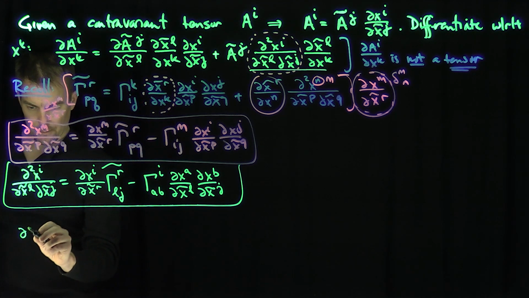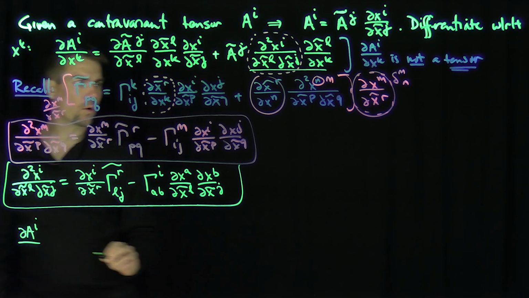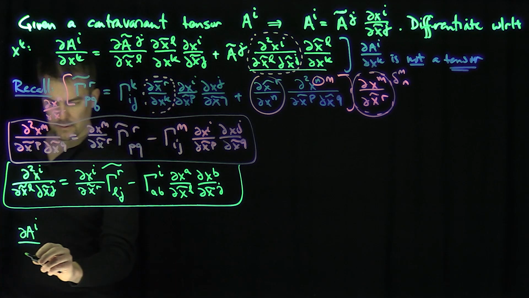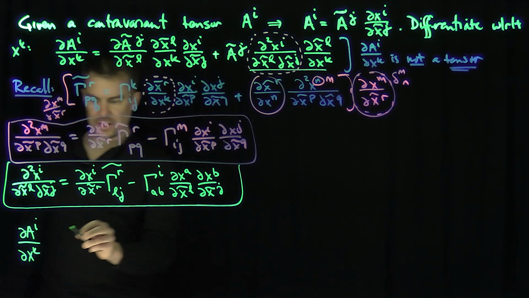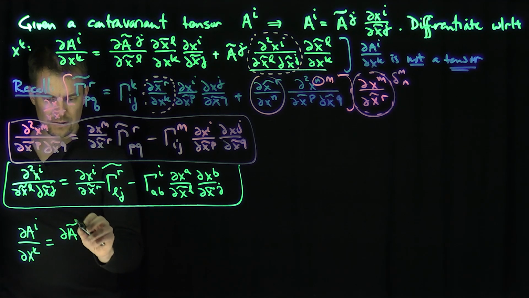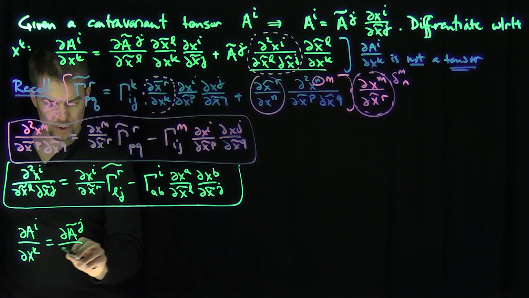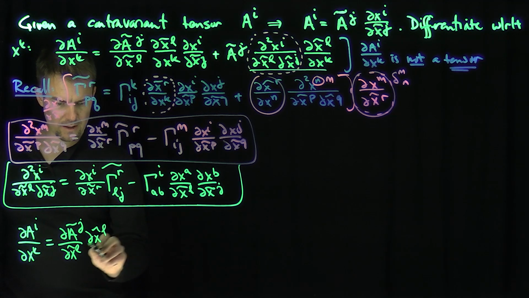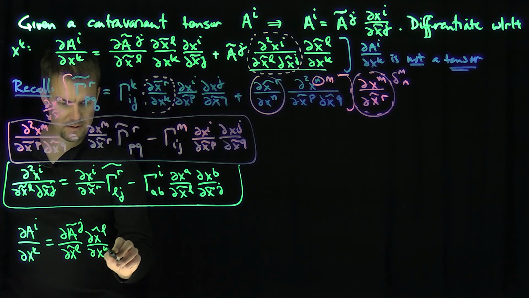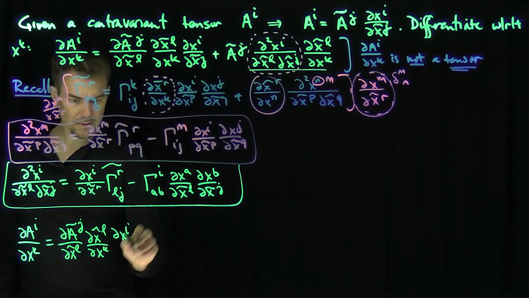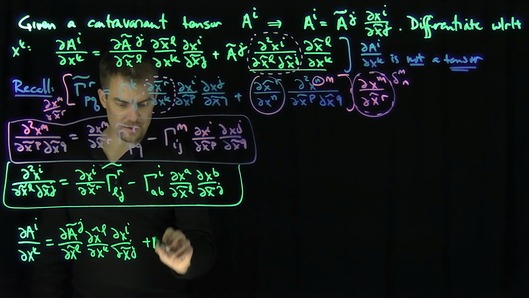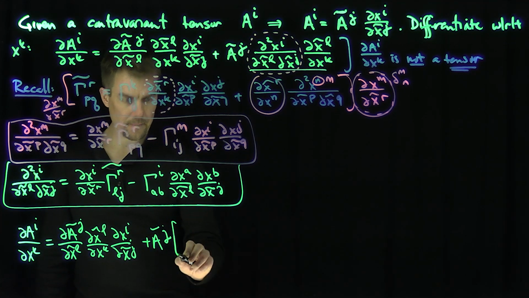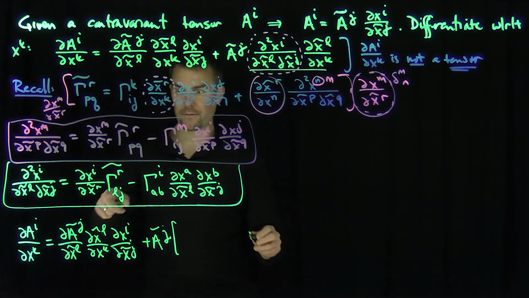Now I'm going to fill this into my formula over here. So I'm going to have ∂A_i over what? x^k. And then a whole bunch of other terms is equal to ∂Ã_j/∂x̃^l ∂x̃^l/∂x^k ∂x̃^j/∂x^i plus Ã_j, like that. And then ∂²x^i, I'm going to fill in this whole formula over here.